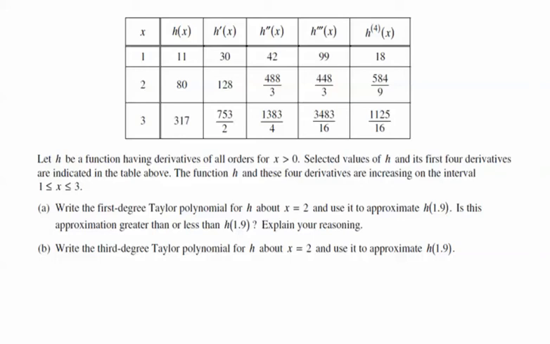Part A, we want to write the first degree Taylor polynomial for h about x equals 2 and use it to approximate h of 1.9. So here's something that we need to remember.